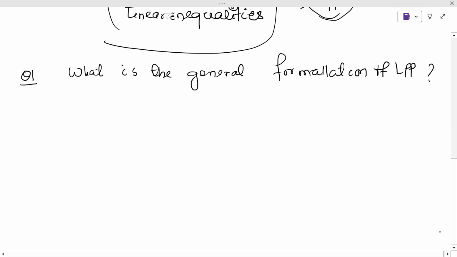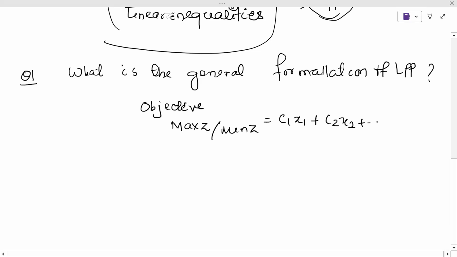That means the objective function we consider first of all. In the objective function we choose maximum Z or minimum Z, that is C1x1 plus C2x2 plus ... plus Cnxn.